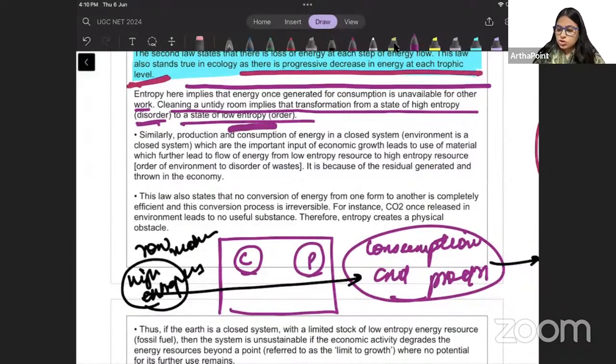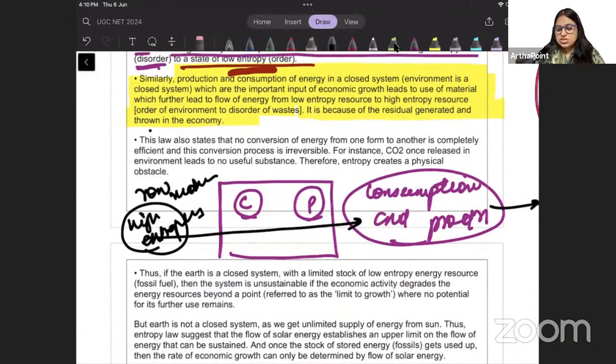So read this out. Production and consumption of energy in a closed environment, which are important inputs to economic growth, lead to use of material which further leads to flow of energy from low entropy resource to high entropy resource. It is because of the residual generated and thrown in the economy. तो इस process में residual generate भी होगा और economy में throw भी होगा. Right?